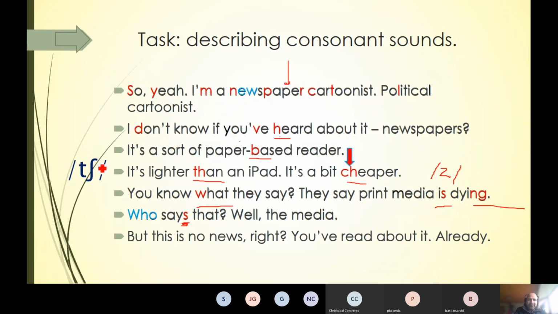That is affricate. Okay, so this is an example of what I wanted you to do today. So my question now to you is, are you ready with the exercise?